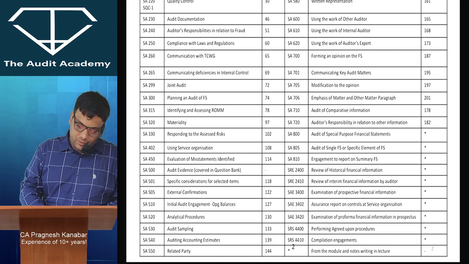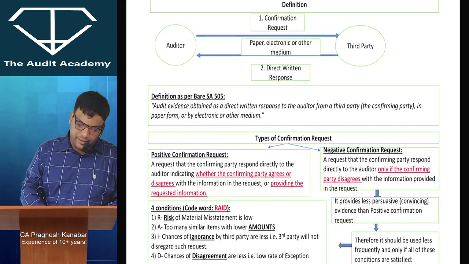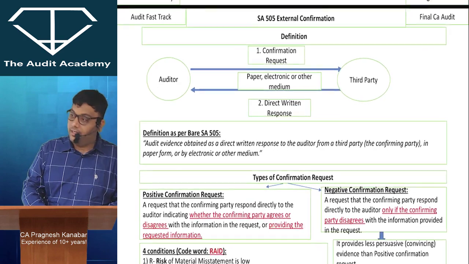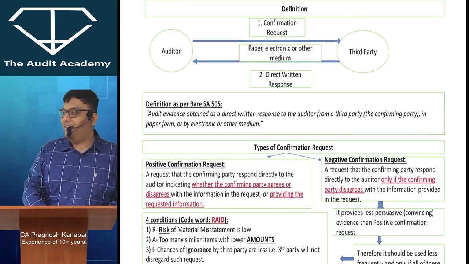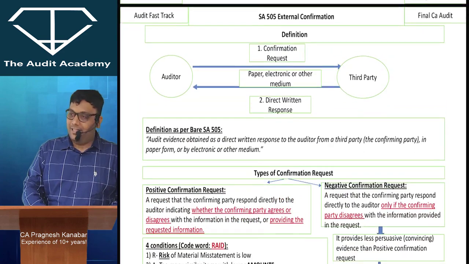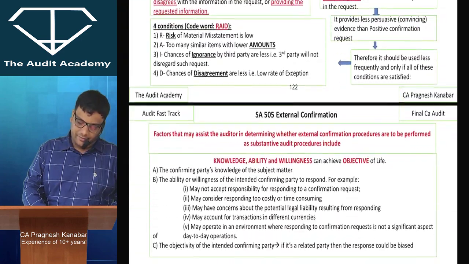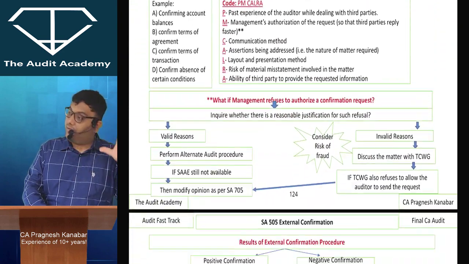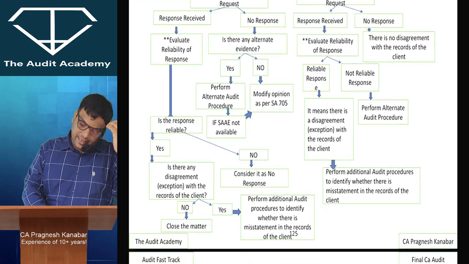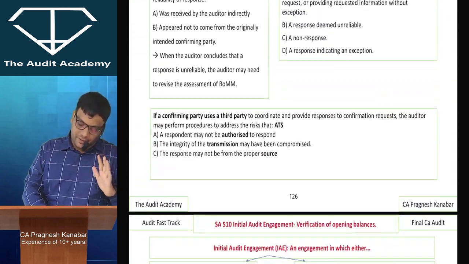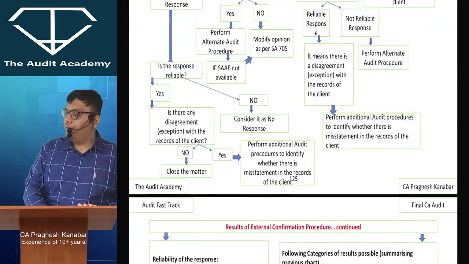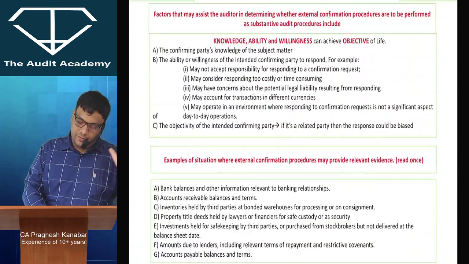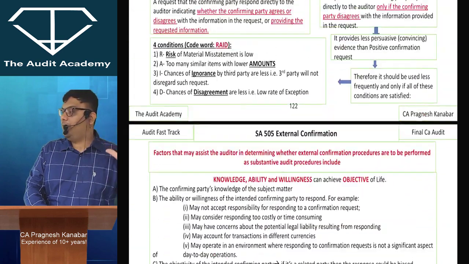Because nowadays students don't look at your content, they look at the font and the color and the design and stuff, and then they decide this is a nice book. Now look at my SA 505, alright. Whatever concepts in the last 20 years, whatever they have questioned and whatever they can question, everything is covered in these 4 pages. This will ensure complete coverage of your auditing pronouncements, all the hidden adjustments, everything.